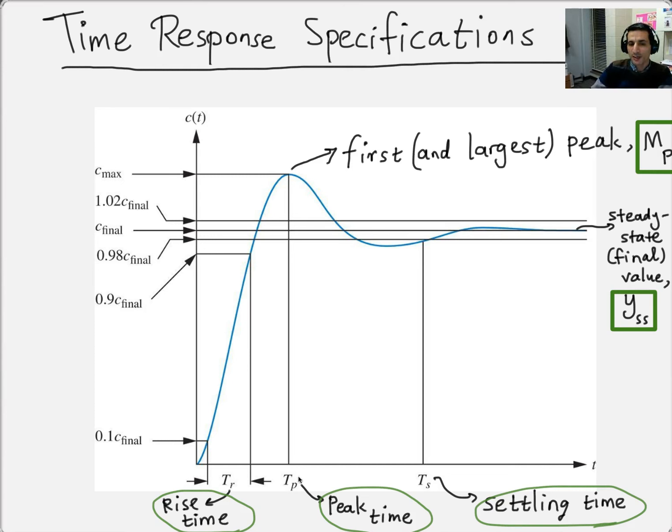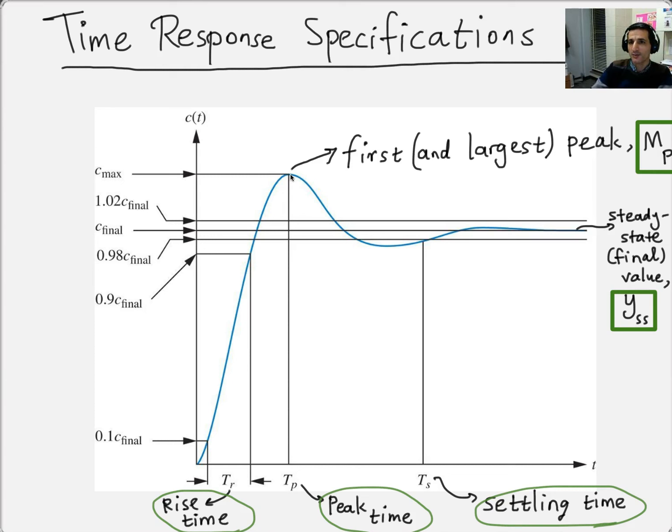Then we have two new parameters, TP and MP. The TP, or peak time, is the time at which the first and largest peak of the step response occurs. For example, here you see that we have one peak here, one peak here, and there are perhaps going to be additional peaks as well. But we are only interested in the first peak.